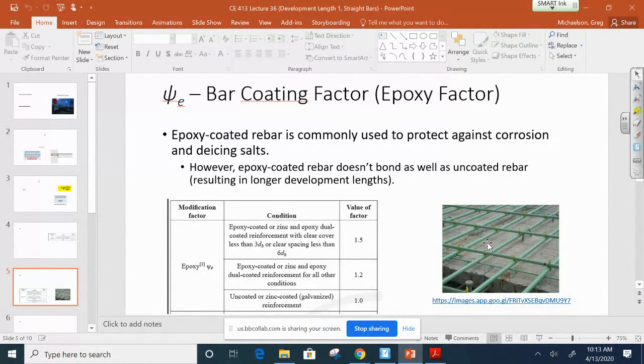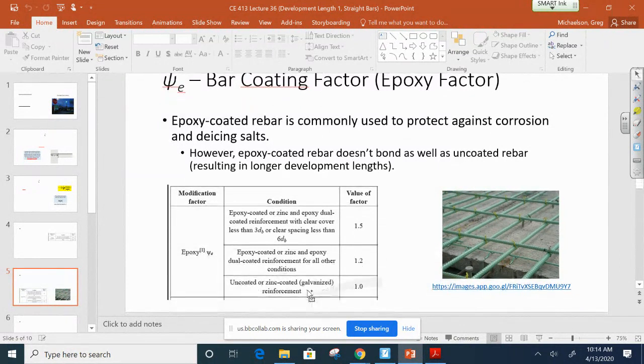We put de-icing salts. And de-icing salts and metals don't really go well together, and that causes corrosion. So a lot of times you'll find us coating our rebar with epoxy, but that causes a problem on the development length side, because if we have rebar that's coated with epoxy, it's slippery. And if it's slippery, we have to embed it further.